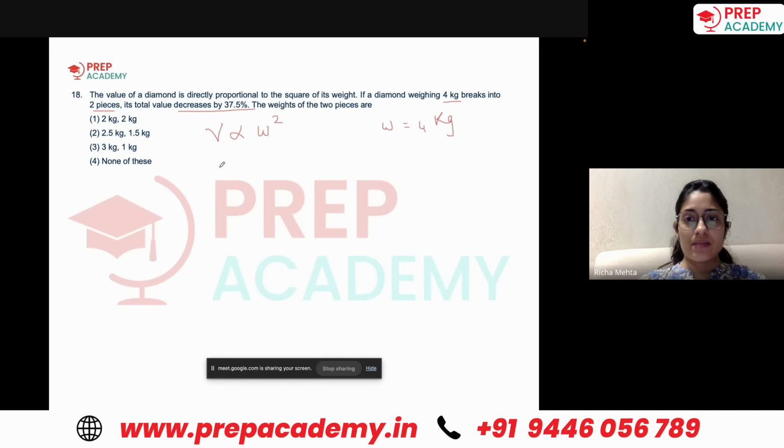So let's say my initial value is proportional to, my value is 4 4s are 16. So my value has to be somewhere 16 ka multiple, right? But it's a proportionality. I'm removing the proportionality to ease off this question. So because my weight is 4, my value has to be proportional to square of weight, which will be 16k.